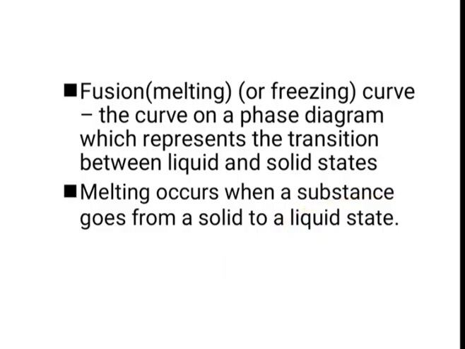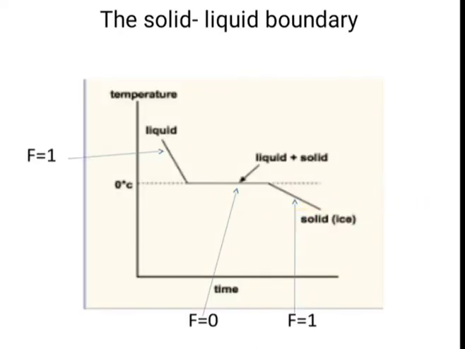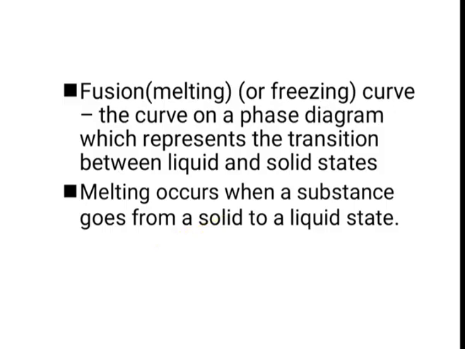So, these two processes are different, melting and freezing. As we decrease temperature, obviously freezing occurs, and when we increase temperature, the melting will occur. So, melting occurs when a substance goes from a solid to a liquid state, and freezing occurs when liquid to solid state conversion takes place.